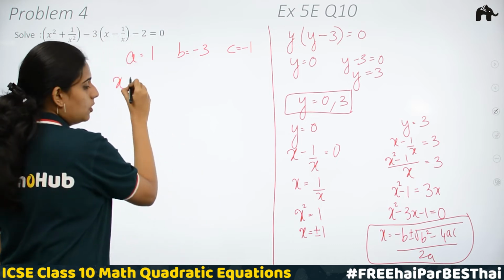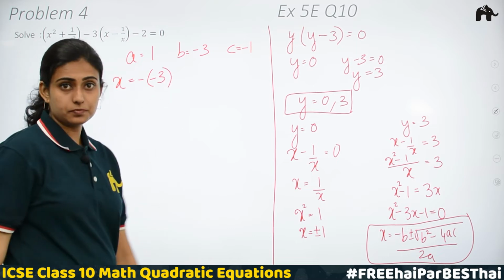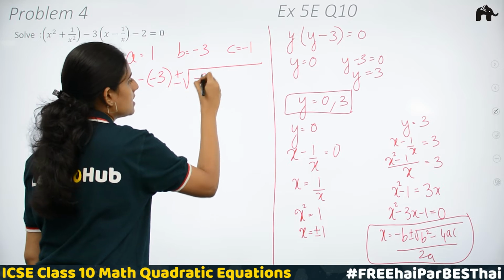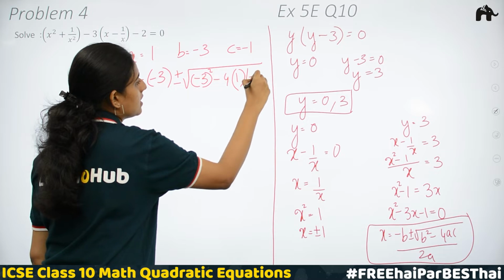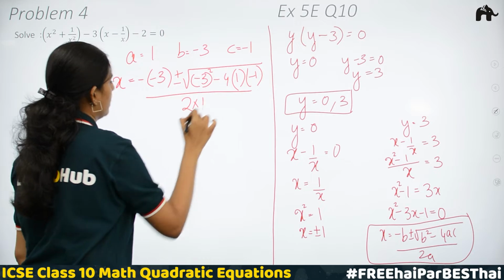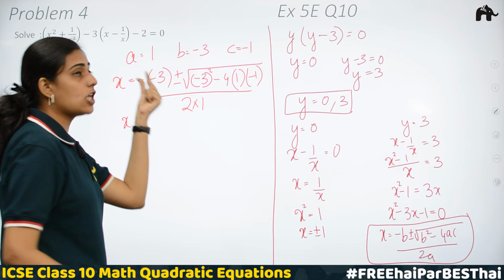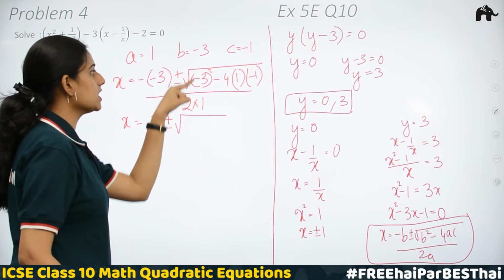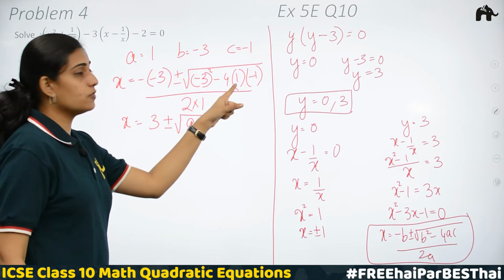x is equal to minus b, that is minus of minus 3, plus or minus root of b square, minus 3 whole square, minus 4 into a is equal to 1 and c is equal to minus 1, divided by 2a, 2 into 1. What is x? x is equal to minus of minus 3 is plus 3, plus or minus root of minus 3 whole square is 9, minus 4 into 1 into minus 1.